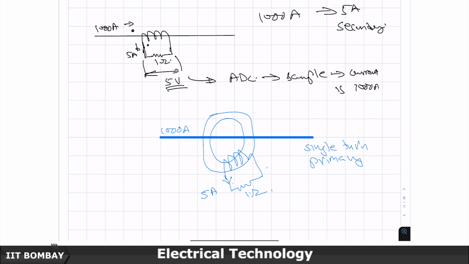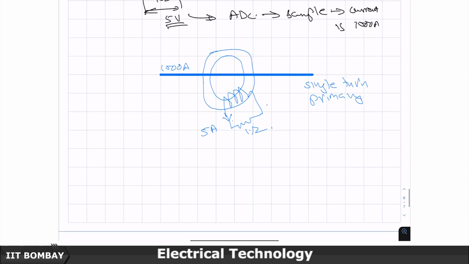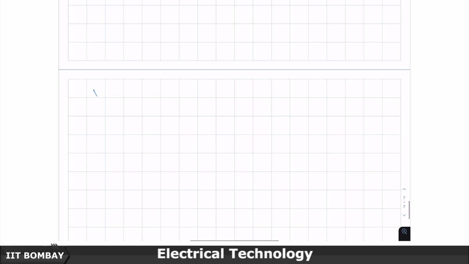So, the constructional features of a CT could be much different from a regular transformer. If you come to a voltage transformer, usually it is going to measure, like, a 400 kV transmission line.